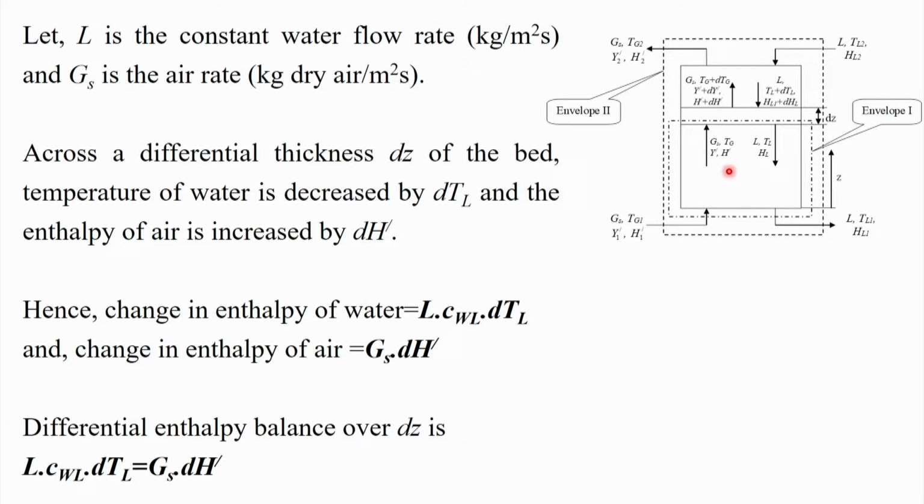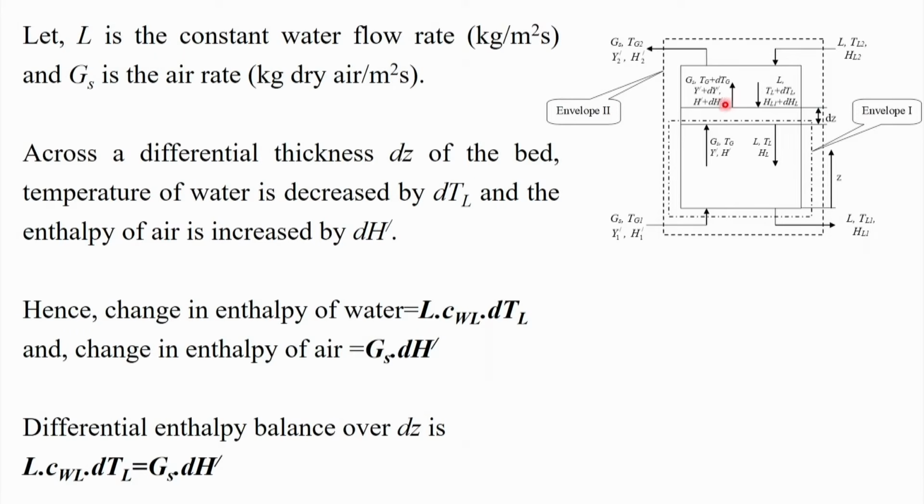We also assumed in the beginning that the water lost due to evaporative cooling is negligible, almost 1%, and we can neglect that part also. Across this thickness dz, the change in enthalpy of the water will be L into CWL into dTL, and the change in the enthalpy of the air will be Gs into dH prime.